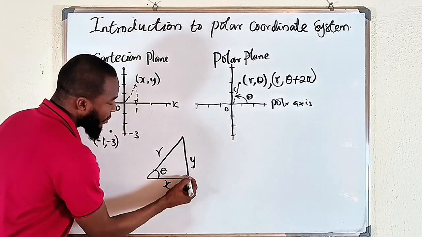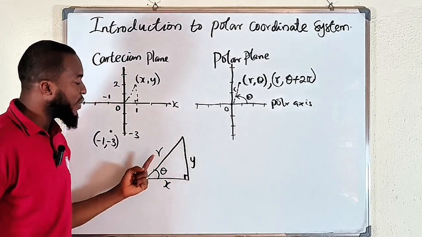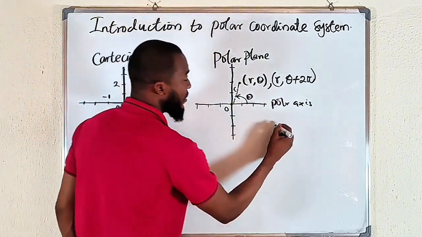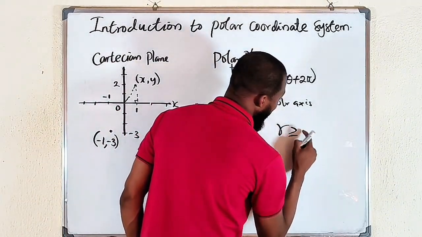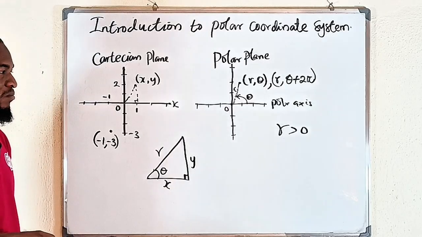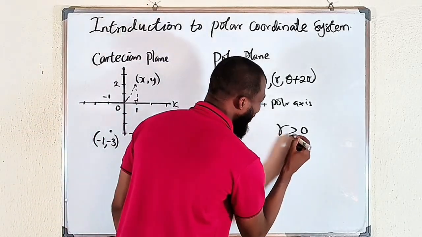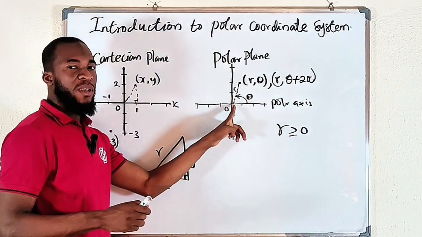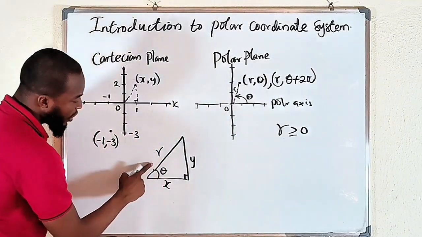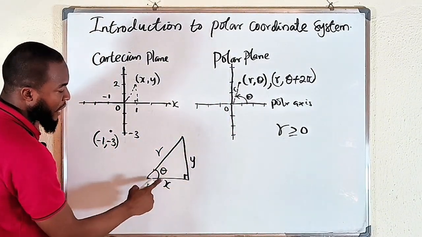Observe, this is a right angle triangle. So what is the relationship between r, y, and x? r is always greater than 0, right? So sometimes you may have r equal to 0 at a point that is on the pole. So assuming it is greater than or equal to 0, what is the relationship?